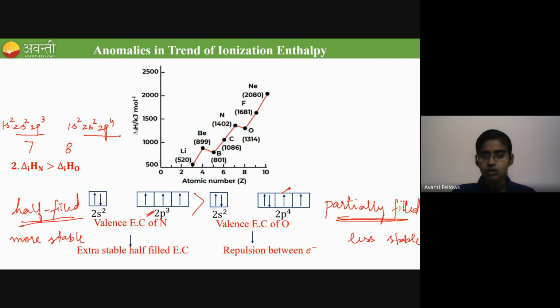So beryllium and boron, in that case, you have to keep in mind the fully filled configurations are more stable. That's why beryllium had the highest value. And here, half-filled configuration.